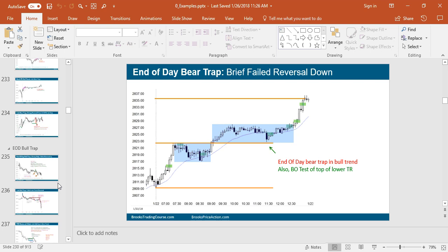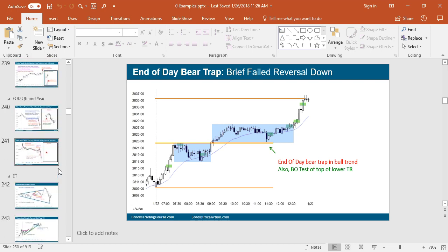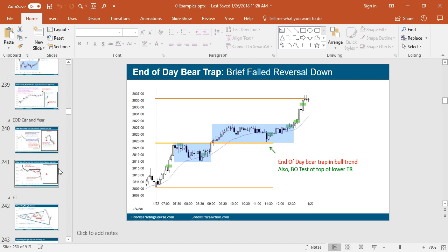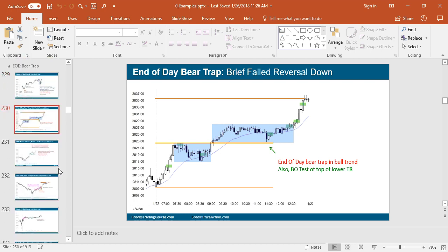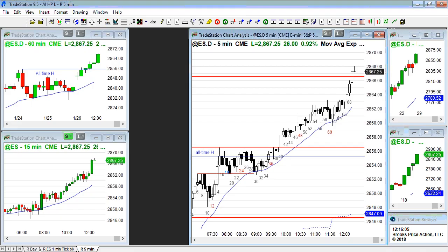This is too far, too fast at the end of the trend. So too much risk of a reversal. To me, I'm not going to short.